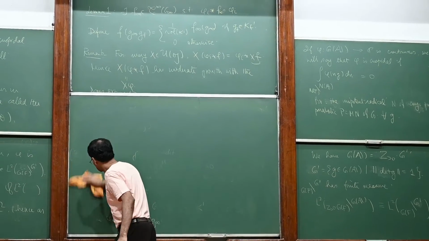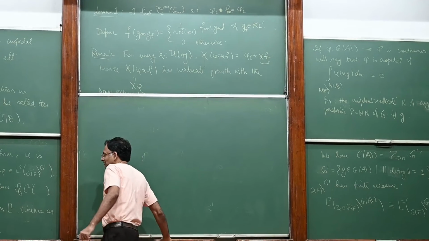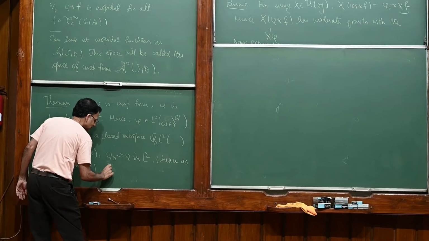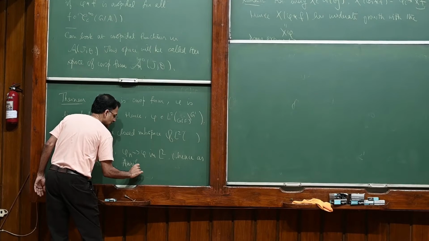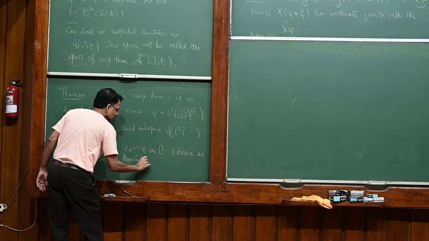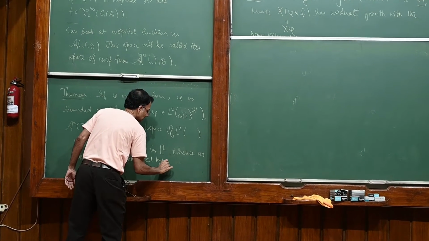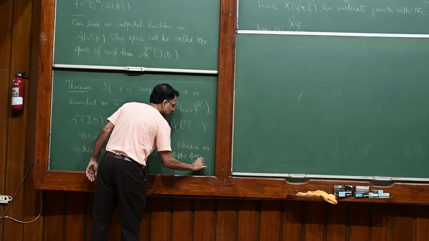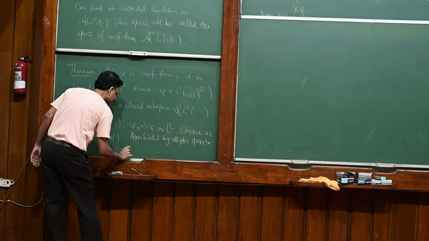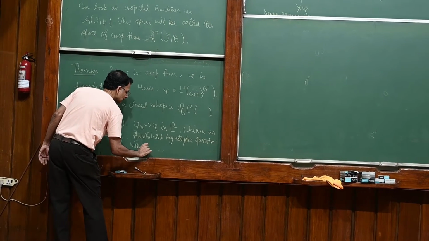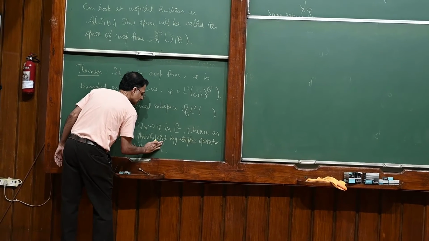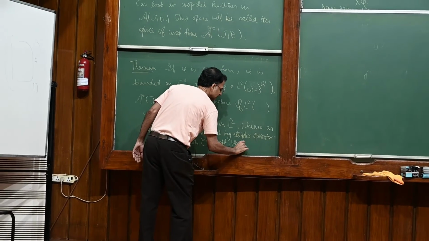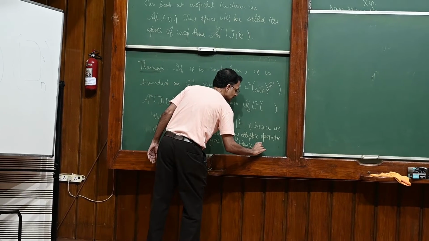So maybe just for elliptic: annihilated by an elliptic operator with C infinity coefficients, hence phi is a C infinity function.